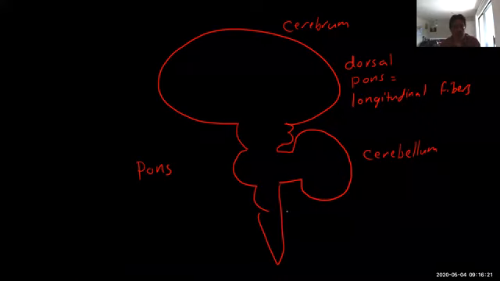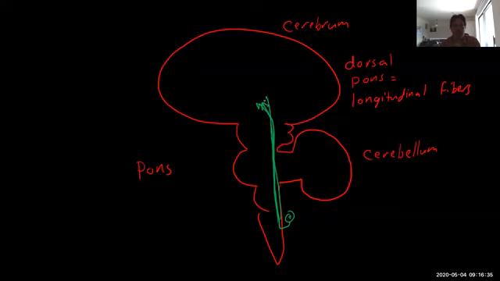There might be sensory neurons, for example, and these neurons will be going up to the higher parts of the brain. They might be going to the thalamus, for example, and then ultimately to the cerebrum. So these longitudinal fibers going to, for example, the thalamus and then the cerebrum, they're longitudinal fibers to the higher brain.